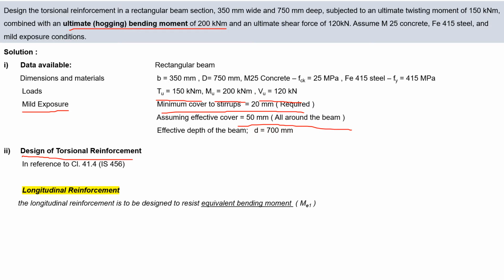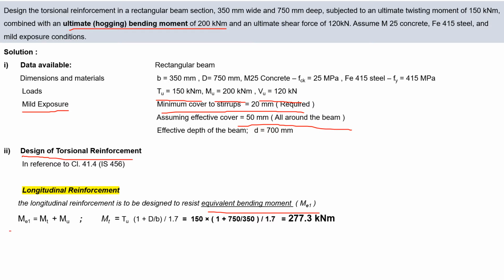The longitudinal reinforcement needs to be designed to resist equivalent bending moment, that is Me1. Me1 is the equivalent moment as recommended by IS 456. That means what we are doing, we are combining the ultimate twisting moment and bending moment, and they will give the ultimate equivalent bending moment.